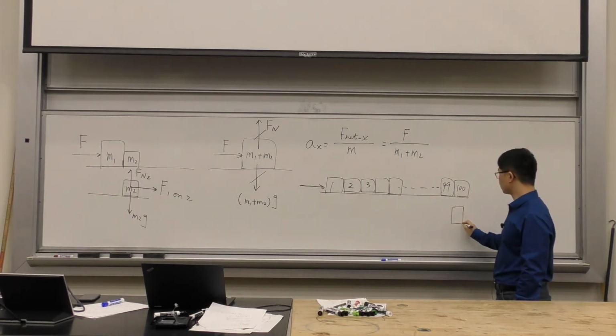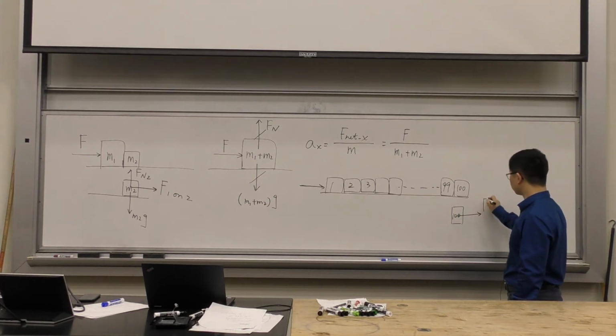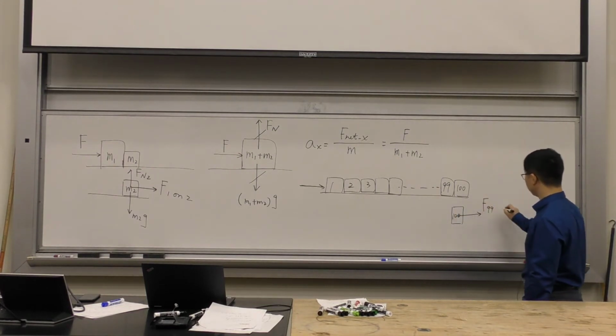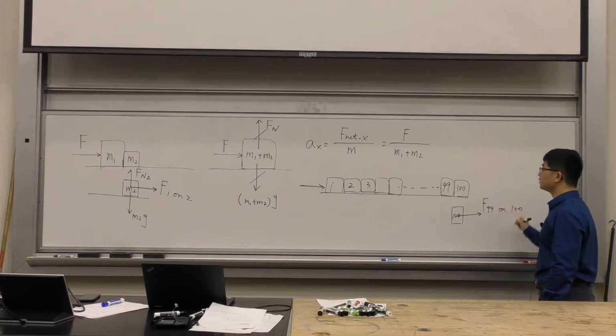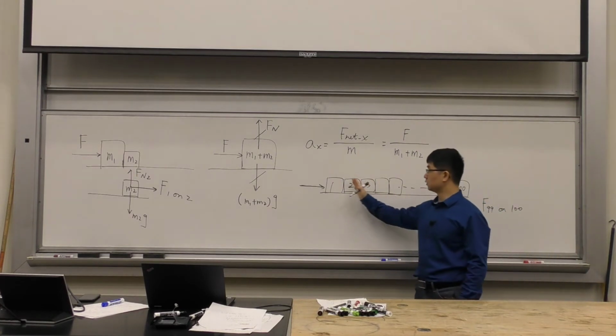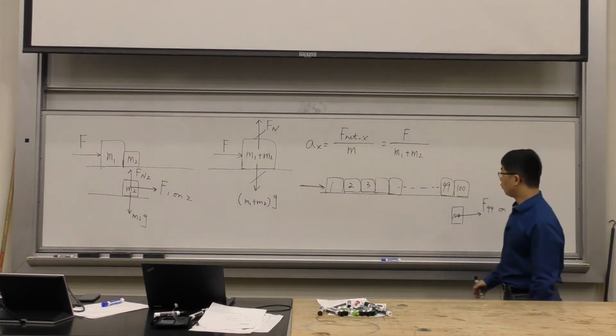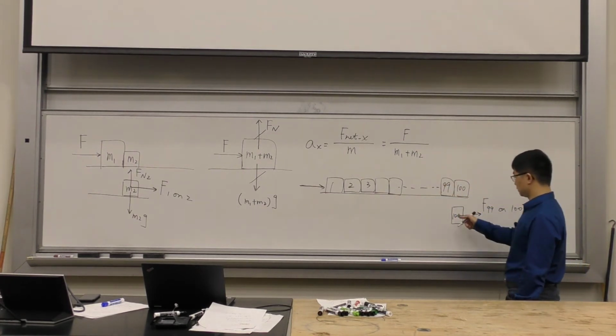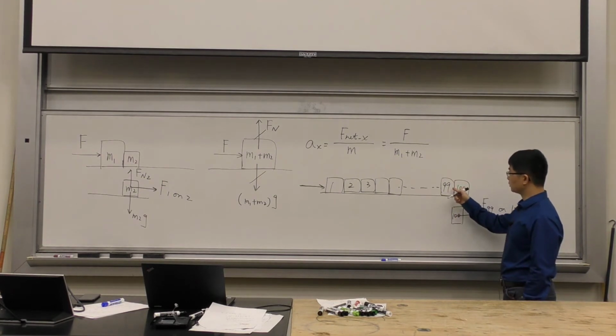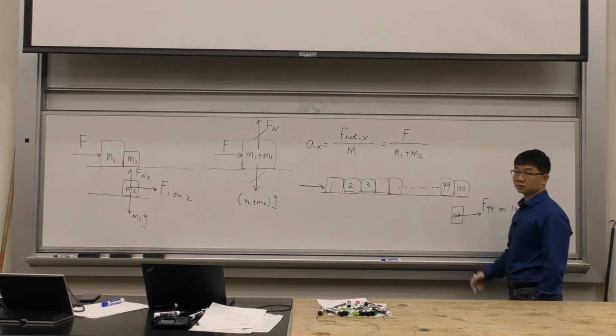This guy only feels the force, okay? If I draw the force horizontally on this block, it only feels the force from the 99th block on it. It doesn't even know how many blocks are on the left. It doesn't even need to know, right? What determines its motion is just the direct force from the block next to it.